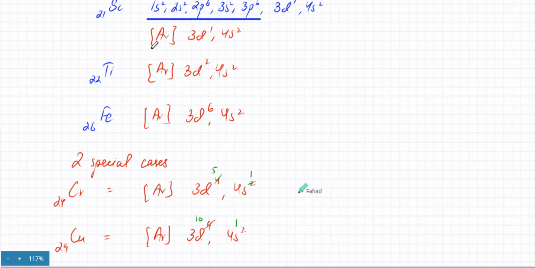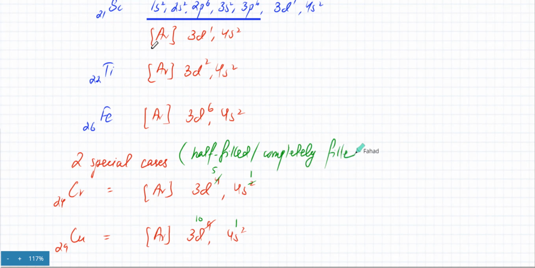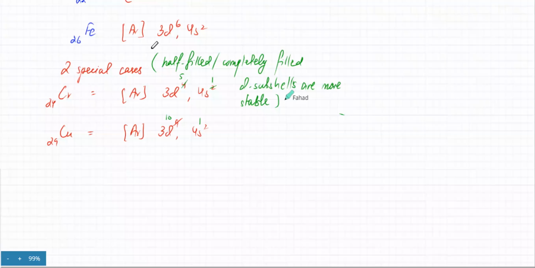So in these two specific cases, half-filled and completely filled arrangements are more stable. Half-filled or completely filled, these subshells are more stable. So this is chromium and copper.